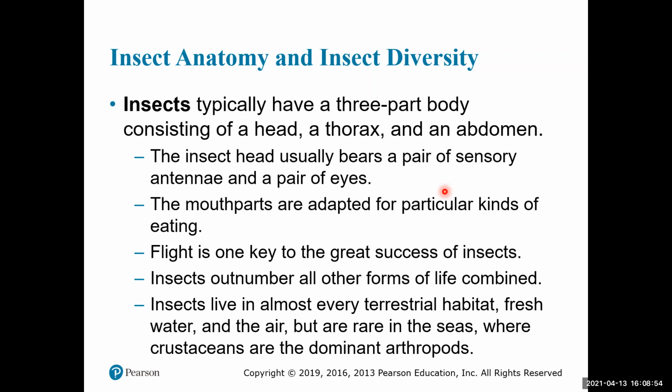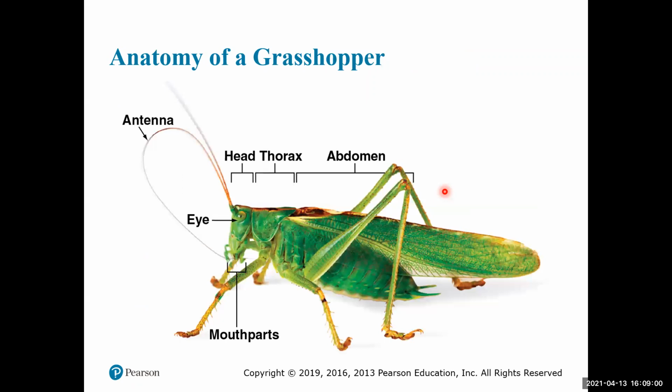And so it's insects occupying the terrestrial environment, crustaceans dominating the aquatic environment. And so here's that typical structure of an insect. You have your head, your thorax, your abdomen with those pairs of antennae, and then the mouth parts and those complex eye structures that allow them to navigate their environment.